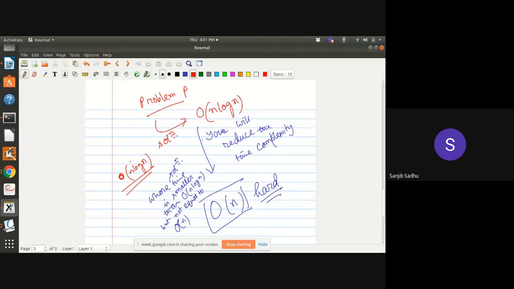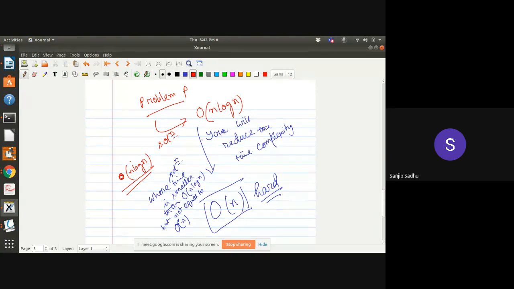Clear? Small o notation is used to denote that you have found a solution which is smaller than the argument that lies inside the parentheses. You probably have not reached the well-known parameters, say linear or like that.